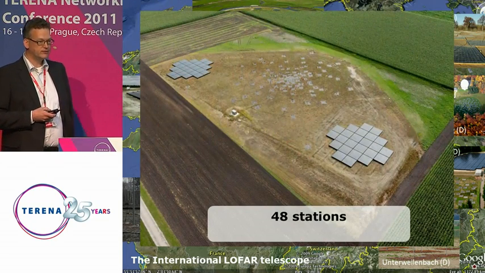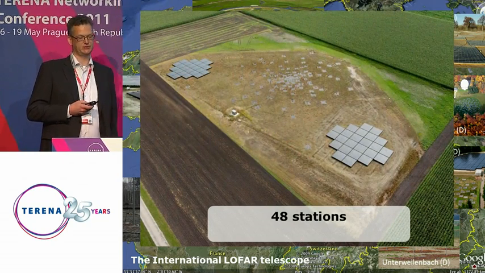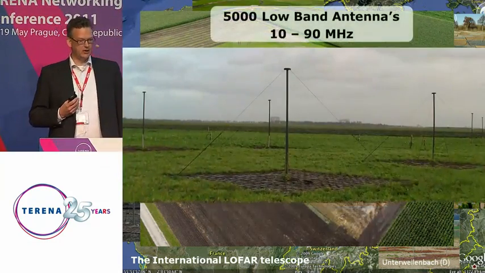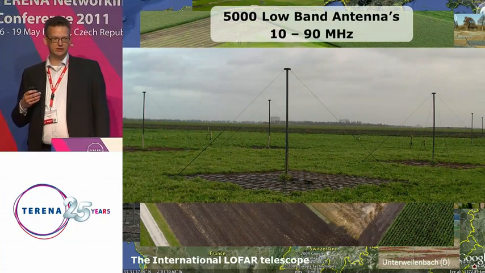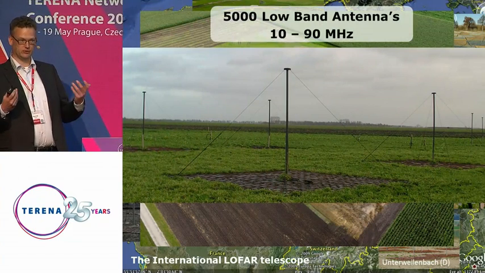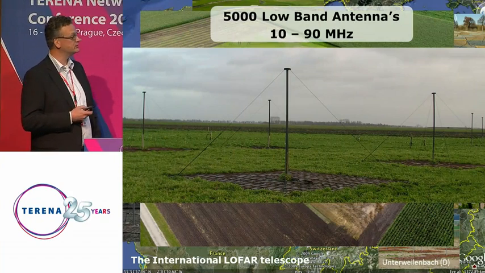Each LOFAR station consists of a large number of relatively simple antennas. There are 48 stations, as already mentioned, and each station has 2 types of antennas. There are in total 5,000 low-band antennas, which can observe radio data below 100 megahertz.